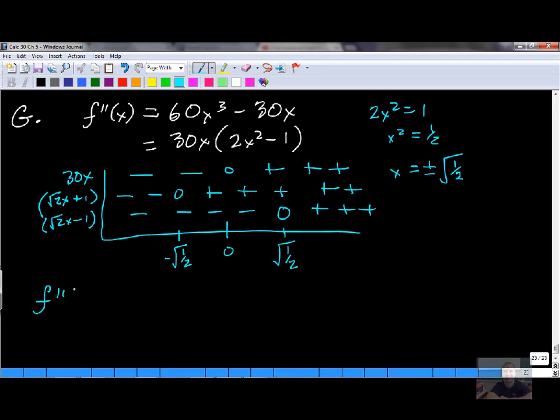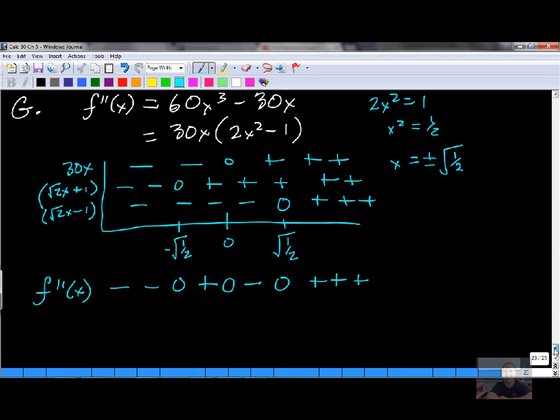The second derivative then will be negative, 0, positive, 0, negative, 0, and positive. So this is our concavity, and these are the x values for the points of inflection.